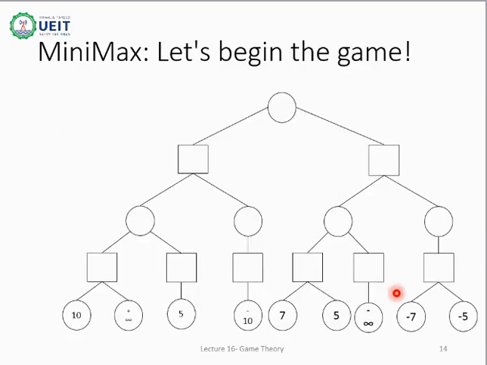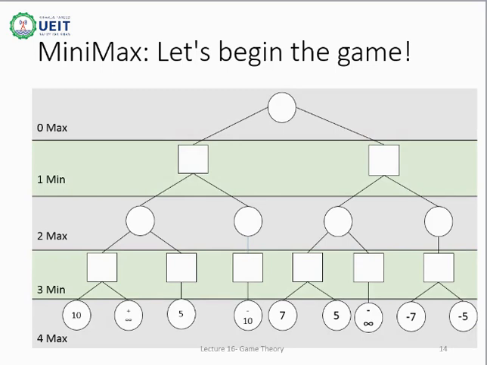Let's begin the game. Let's solve the Minimax algorithm through a worked example. Terminal utilities are given at the last level, which tells us the terminal or game over utilities of the game. When the example starts, we only have terminal utilities. We will start by marking all levels of the tree with max and min alternately, starting from the root node, which is always at max.